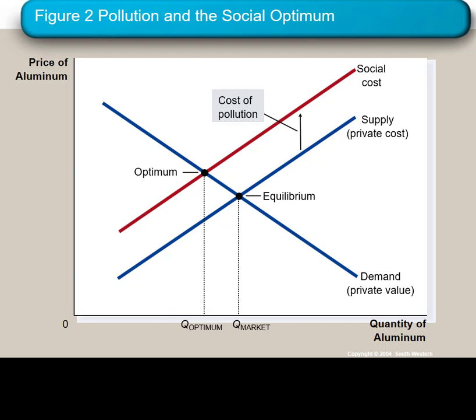And then the social cost is both the private cost and this external cost. So this new quantity is the socially optimal quantity, and you can see here in the case of the negative externality that the market is overproducing aluminum because it's not considering all the costs, mainly the costs of pollution here that we're talking about.